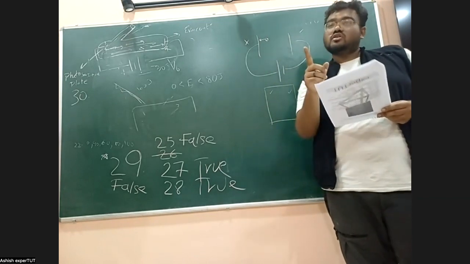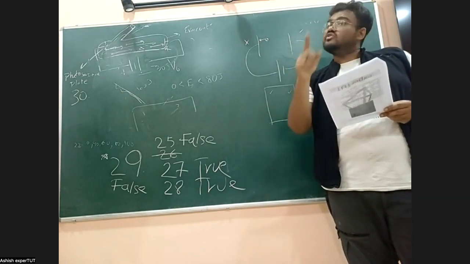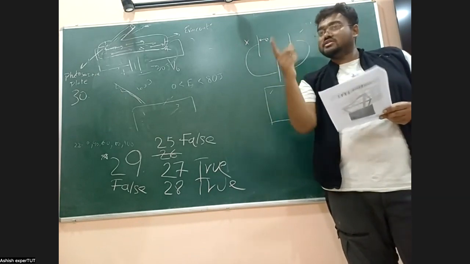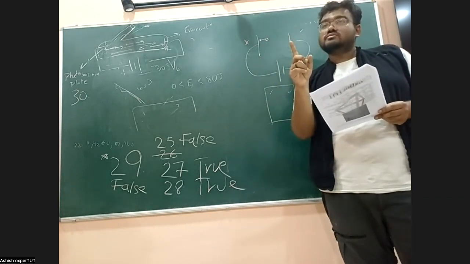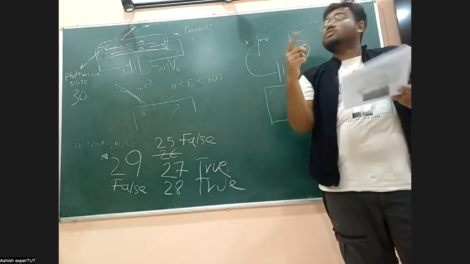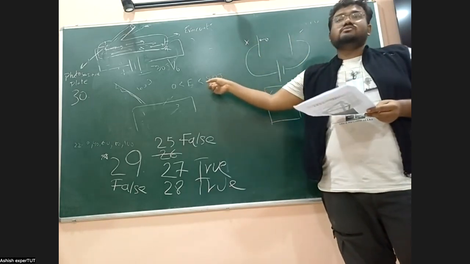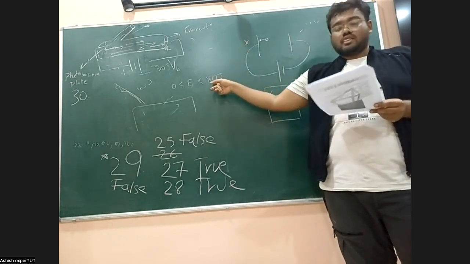The energy of each photon. If 10 photons are falling, there are still 10 photons, but the energy of each is increasing. So how many electrons will come out? 10, because 10 photons are falling, but each electron will come out with a higher energy. The maximum will be higher instead of 50. Understood?